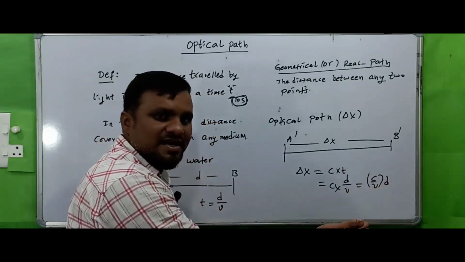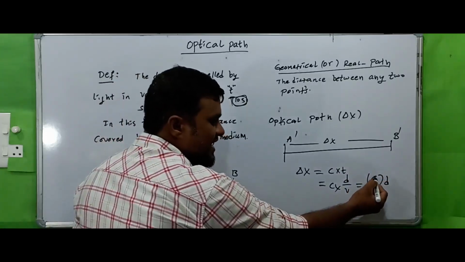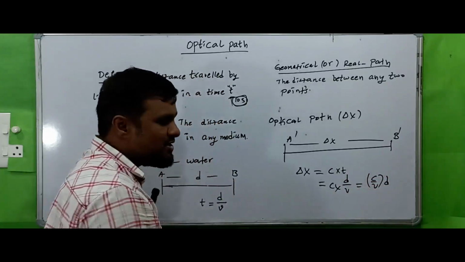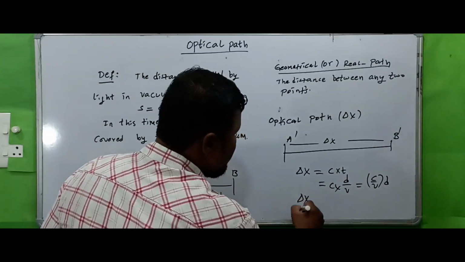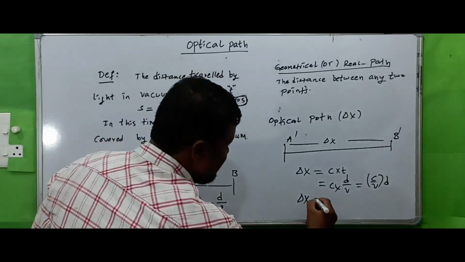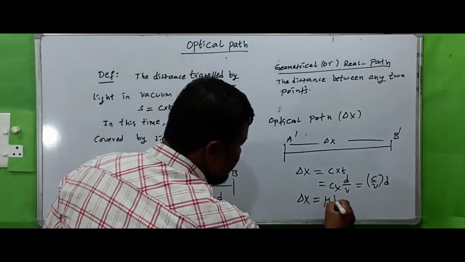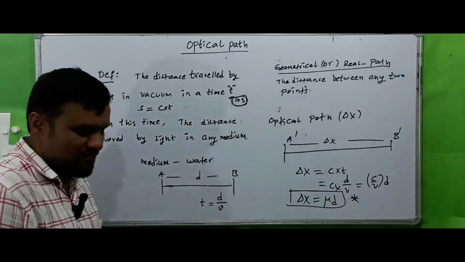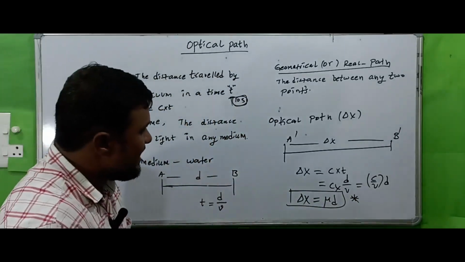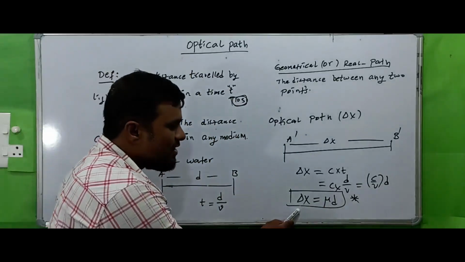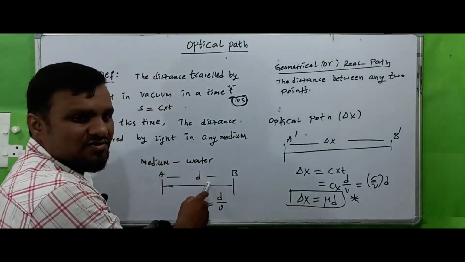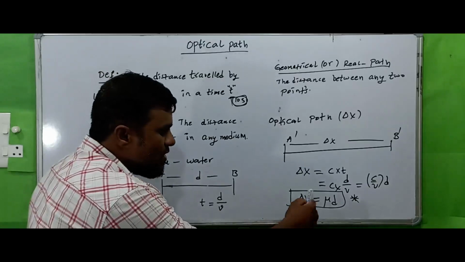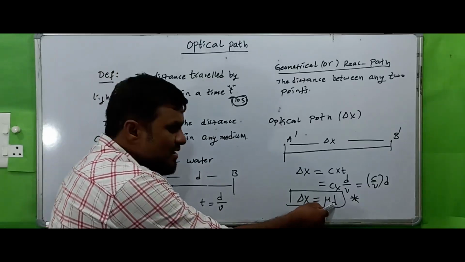We know the absolute refractive index is the ratio of the speed of light in vacuum to that in the given medium. Finally, optical path delta x is equal to mu d. This is the formula for optical path. Here delta x is the optical path and d is the real path.